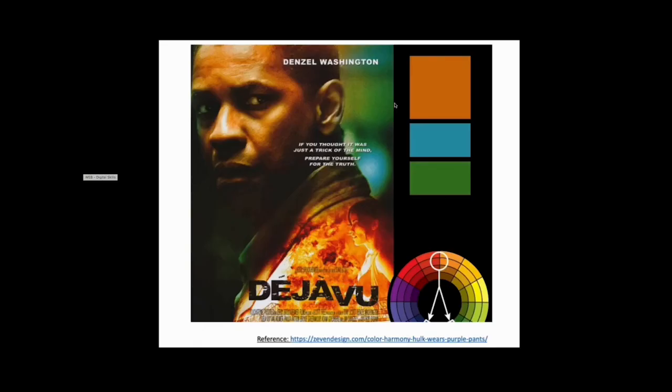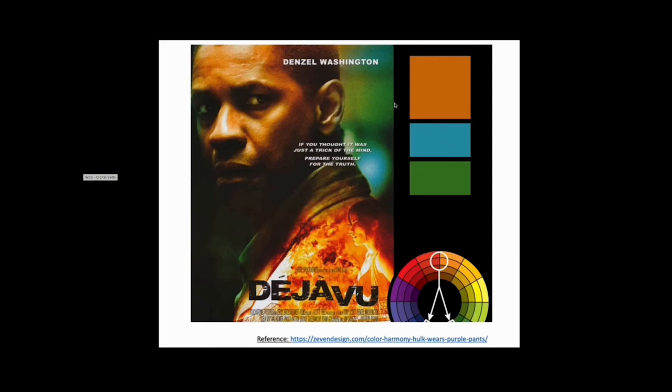Here's a great example of that. This is another movie poster. If you notice, we have this split complementary: we have the orange and the blue and the green. The orange is really your main choice over here. So we have the skin color and the jacket, and then the background is where we see that little bit of blue and green.